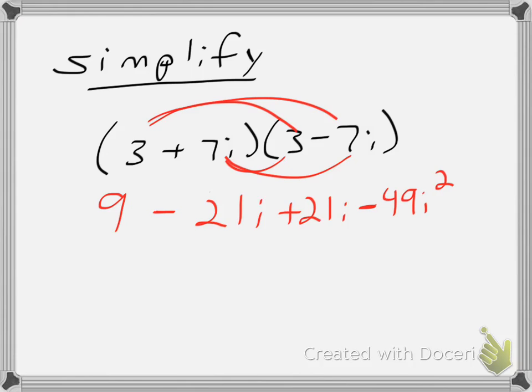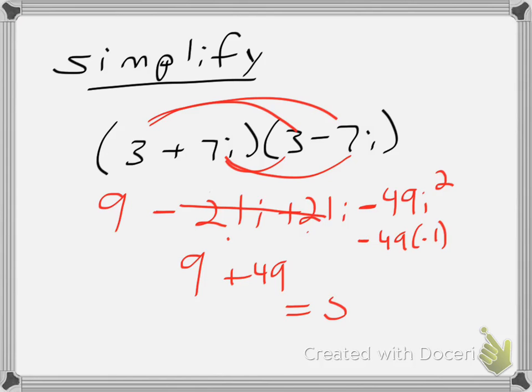In this case, my negative 21i and positive 21i cancel out completely, so they add to 0. So I can just get rid of them. Still have my 9. Like before, negative 49 times negative 1 to make this a positive 49. Now I can add 9 and 49 to get a final answer of 58.